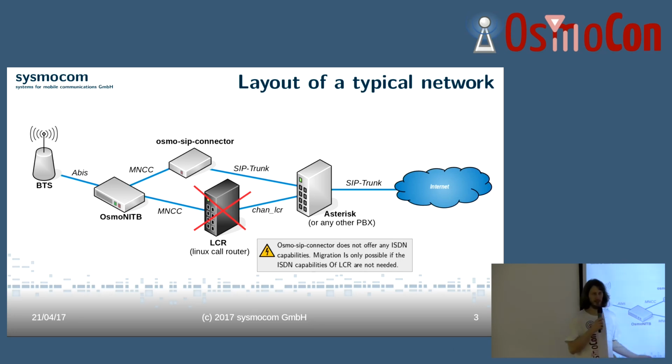But if you are only interested in having the VoIP support in Osmo-NITB, there's a lot of clutter we don't really need. I remember I had to configure call routes here and all that stuff that's no longer needed. So we just put basically a simple component there, which is the osmo-sip-connector. We'll have a closer look at this in the next slide.